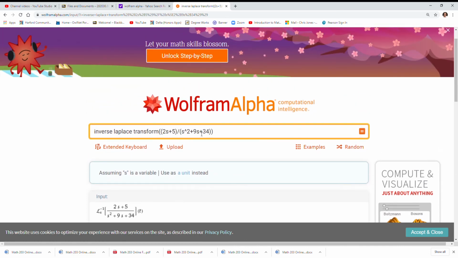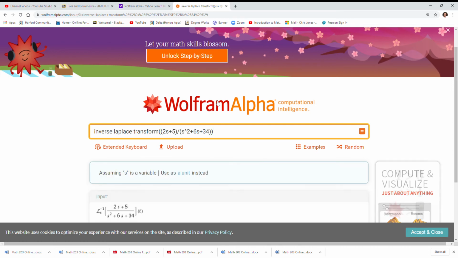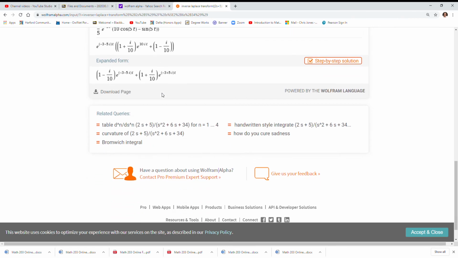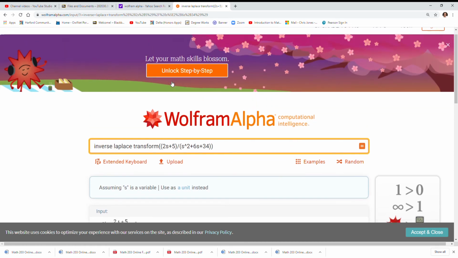Oh, it was 6s, that's probably why. That might be a little bit nicer. All right, it gives us the complex form, but if you scroll down just a little bit, it'll give you this really nice form. All right, and that's the one that I believe we got the solution to when we figured out what the answer was. Okay, so pretty cool that we can do this.